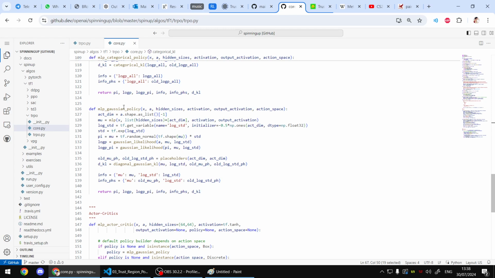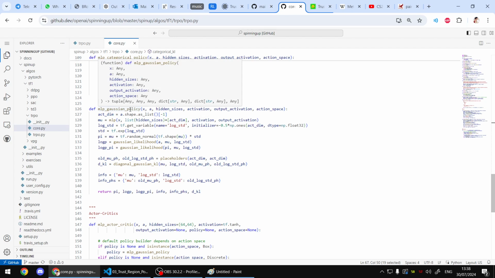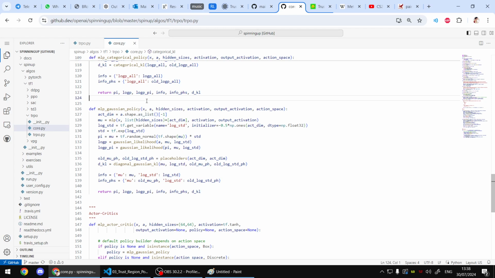In case of Gaussian distribution, we have many actions. In fact, X is a list of observed states. For each particular state, there will be a list of action values. So we have two actions which the agent takes at each state. It will be just a matrix, in fact, with dimensions number of observed states times number of actions.